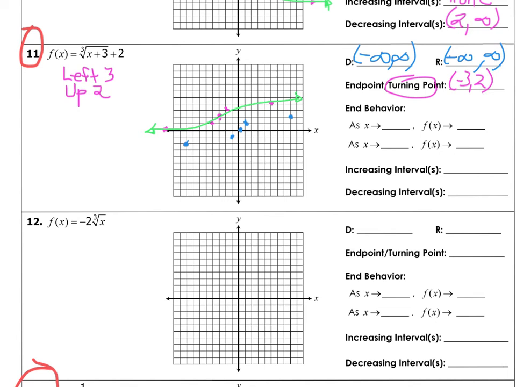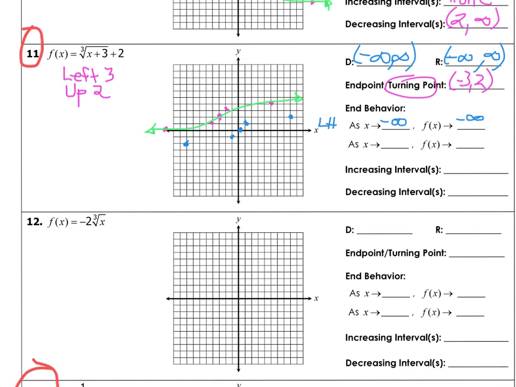Okay, end behavior should be pretty simple for this one. As x approaches negative infinity, as x is getting smaller and smaller, y is approaching negative infinity also because it's getting smaller and smaller. This is left-hand behavior because negative infinity is to the left.